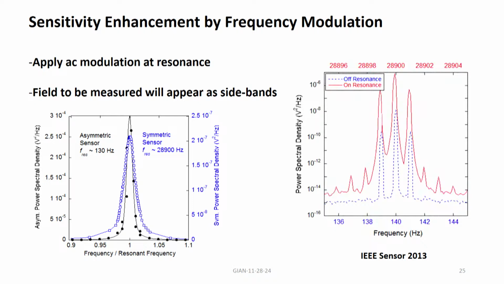Then on top of that is superimposed the signal that you want to measure, the magnetic field that you want to measure, and that appears as a sideband, and it has a much higher sensitivity because it is operating at resonance, and you can use it to measure very small AC magnetic fields.